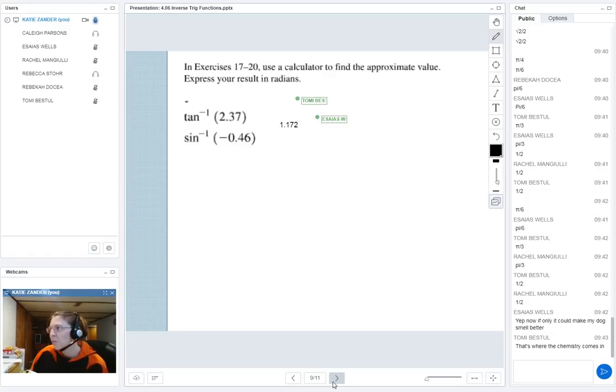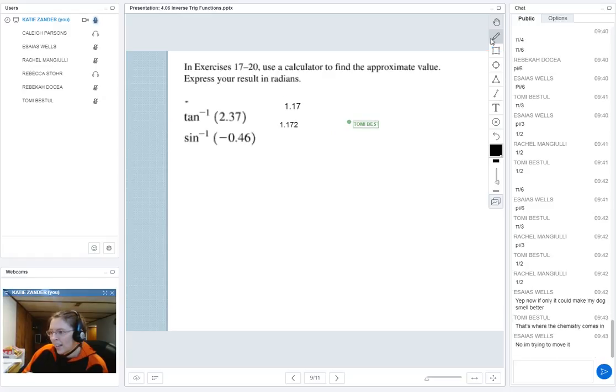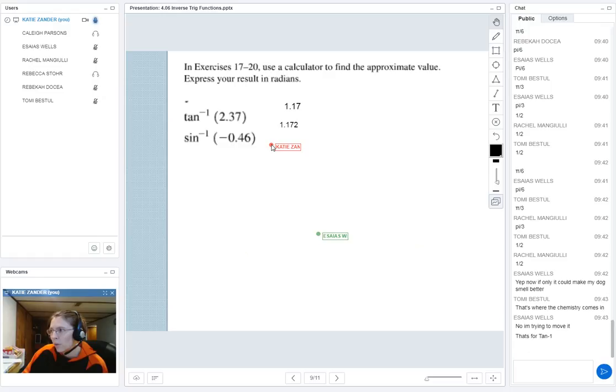If you type, can you move it around? Like, can we grab it like you can in Blackboard? Interesting. Right? I was trying to move mine too. I wasn't quite sure. Anyways, I get the same answer for the tangent. 1.172 technically. 1.171519591.